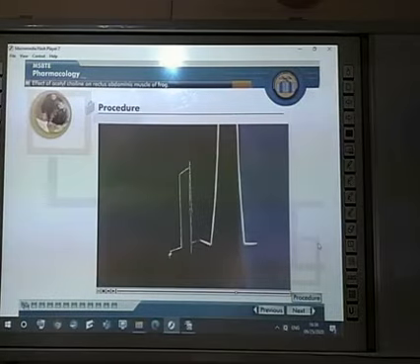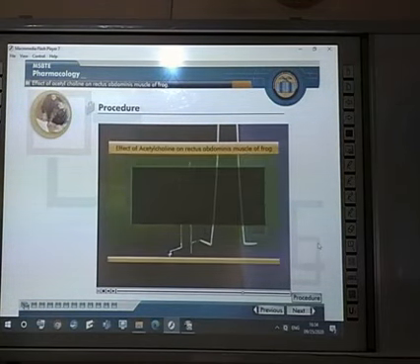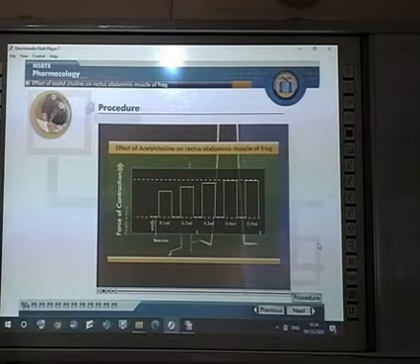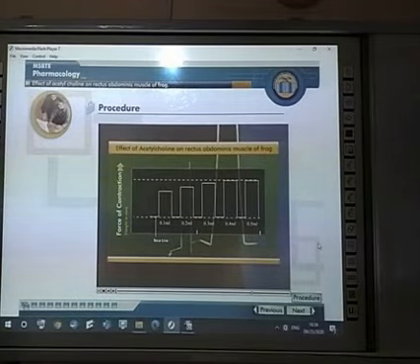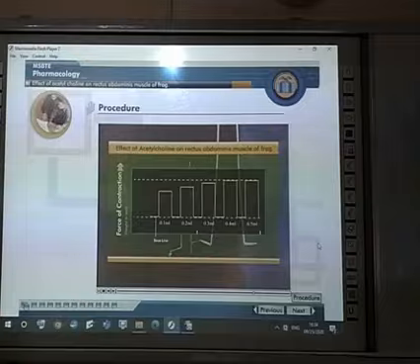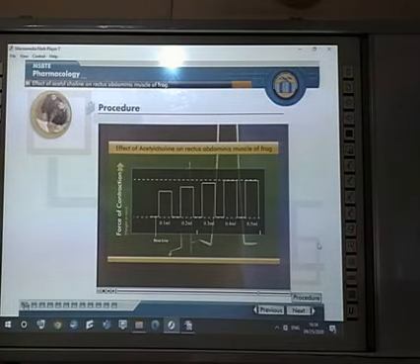For recording of each response to increasing doses of acetylcholine, a 30-second baseline, 90-second response time and a total 5-minute time cycle is to be followed. Now measure the height of each response in millimeters.